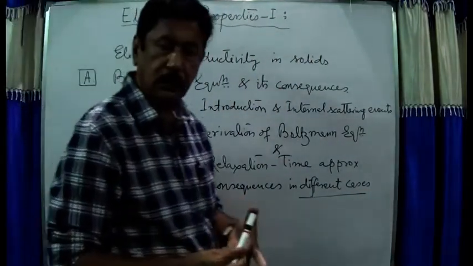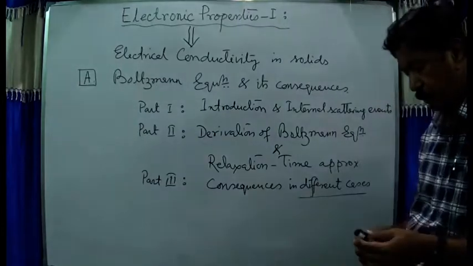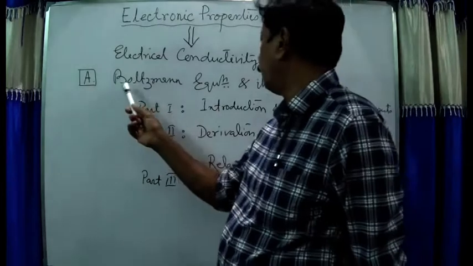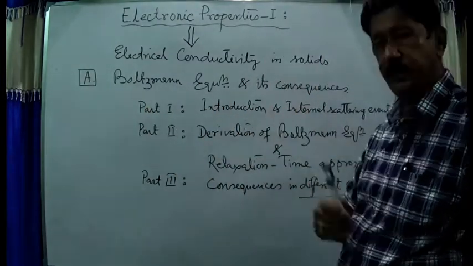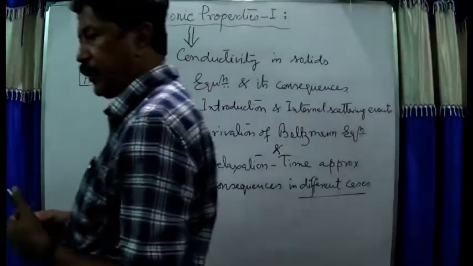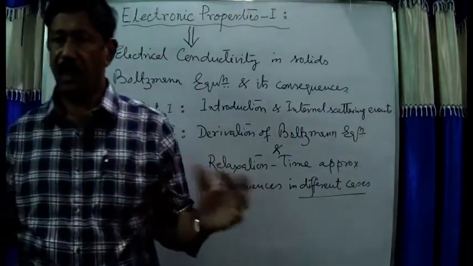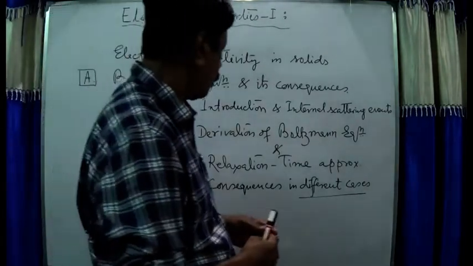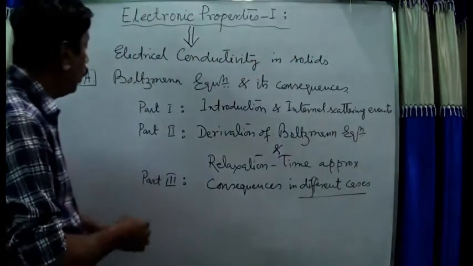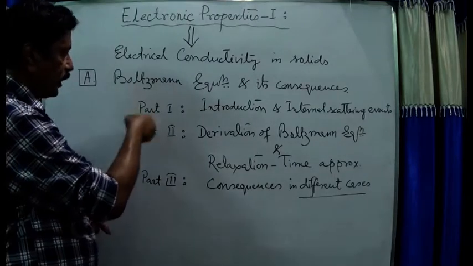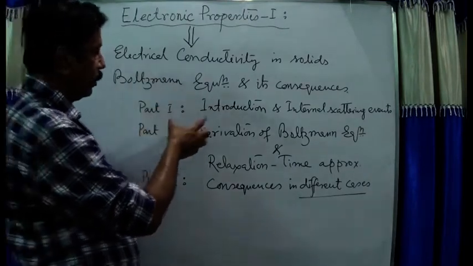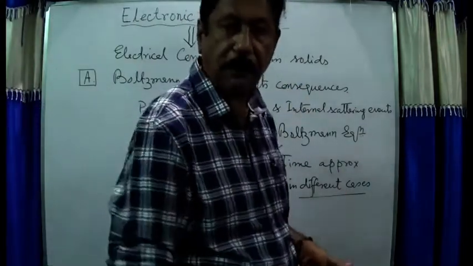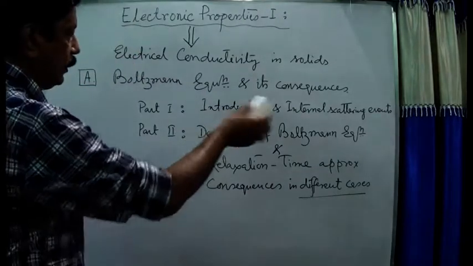Well, so our main subject matter is the Boltzmann equation and its consequences, which will be presented before you in three parts, and the parts are these. So, we shall start from the part 1, we shall talk about the introduction of such phenomena and your internal scattering.